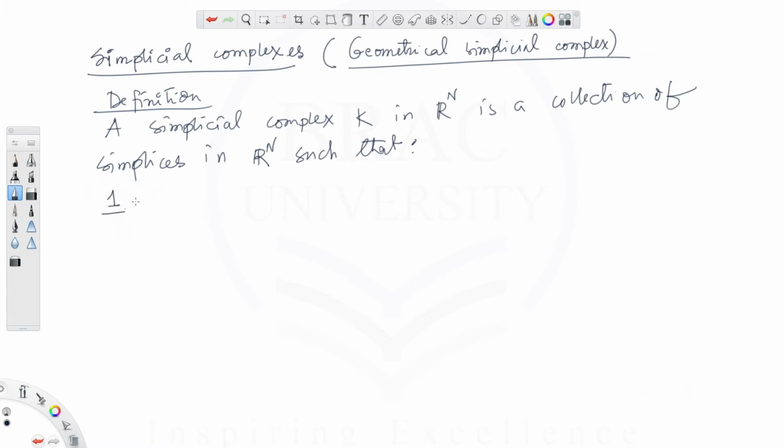The first property: every face of a simplex sigma of this complex K is in K.